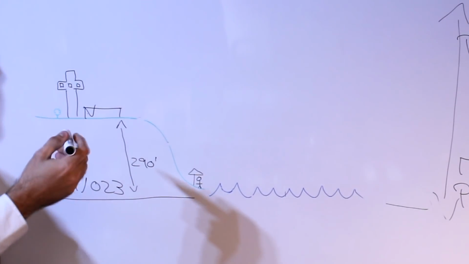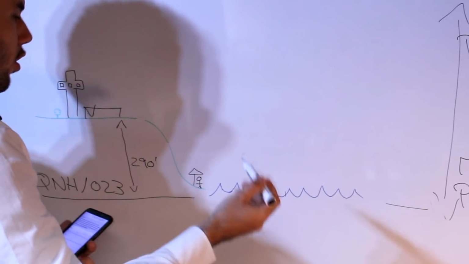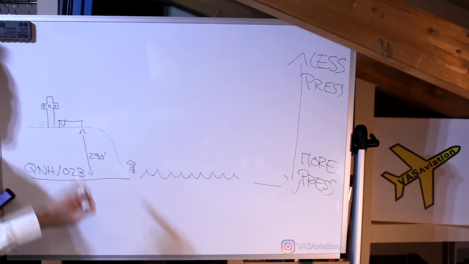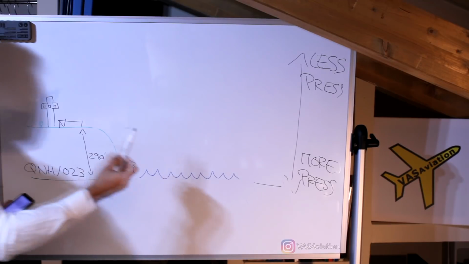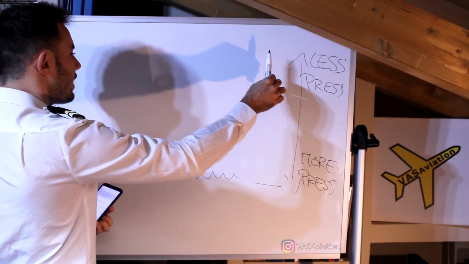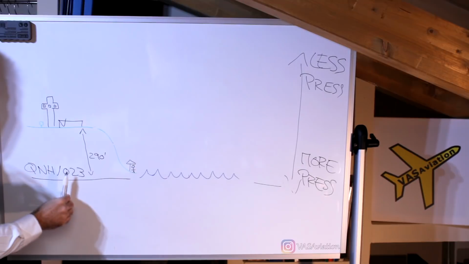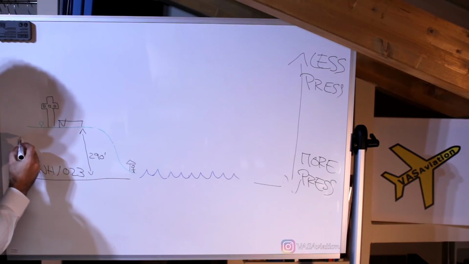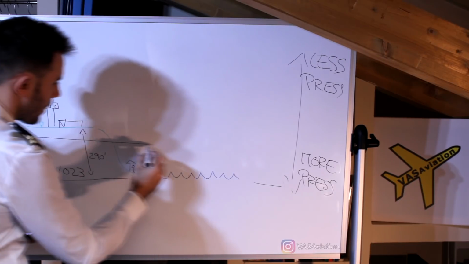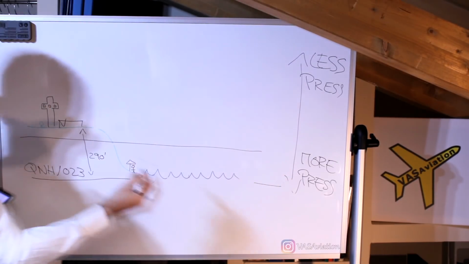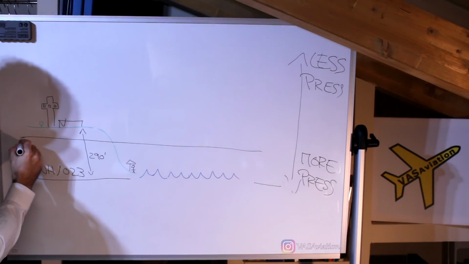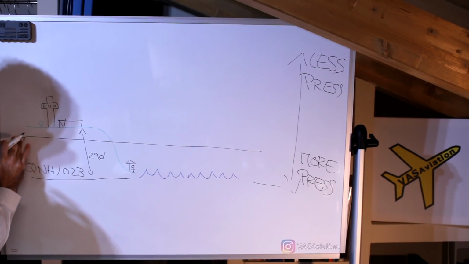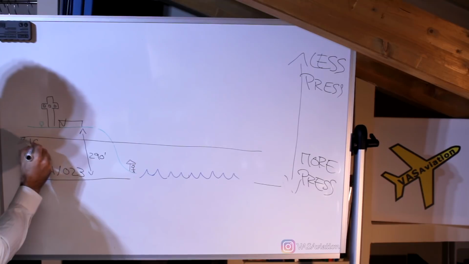Now the thing is, we have the altimeter setting on our aircraft set to 1013. So remember that pressure decreases as we climb, so the 1013 isobar will be somewhere above the 1023 isobar. This is just 1013.